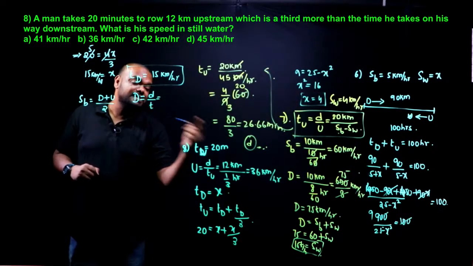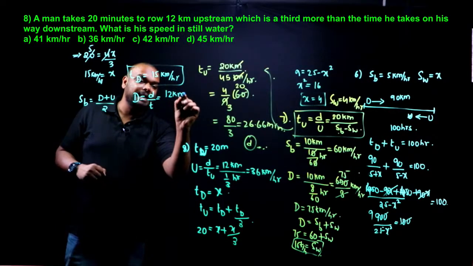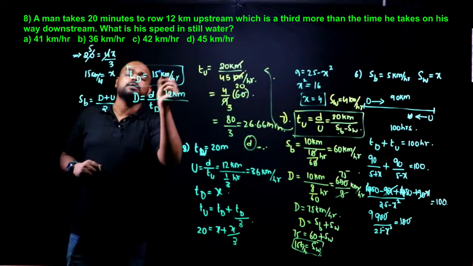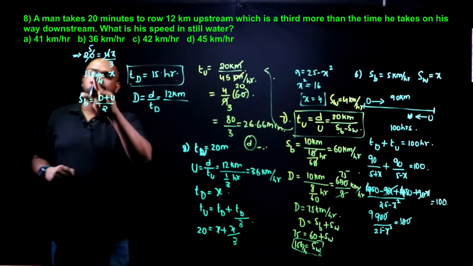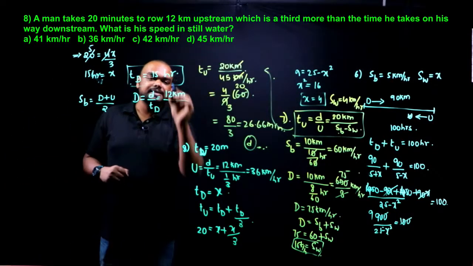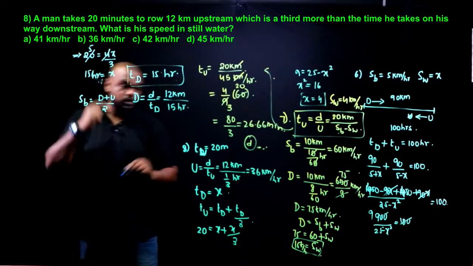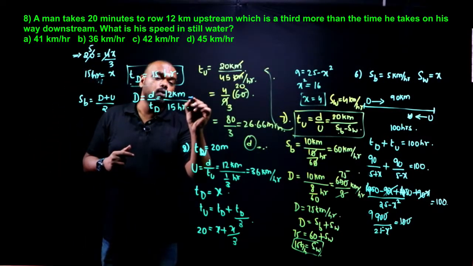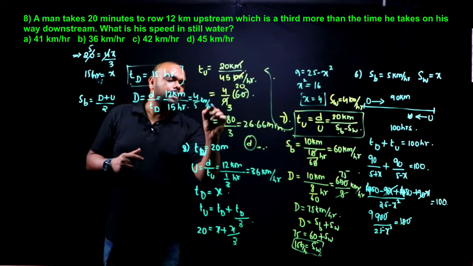The distance is the same, 12 kilometers, divided by time taken during downstream. Just now, this is not kilometers per hour, this is hours, guys. Computer mistake, because that is time. Now TD is how much? 15 hours. 12 by 15, so that means 4 by 5 kilometers per hour.